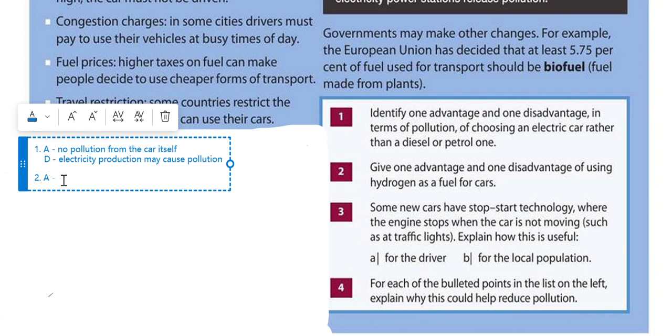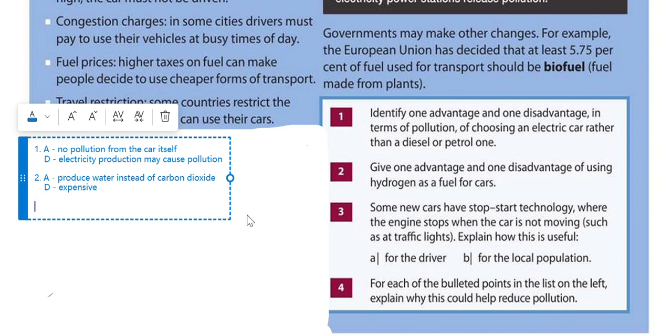The advantage is it produces H2O, which is water, instead of carbon dioxide. So I'll write: produces water instead of carbon dioxide. The disadvantage is that it's expensive, or difficult to store. Yeah, difficult to store. They're asking for one, so this is enough.